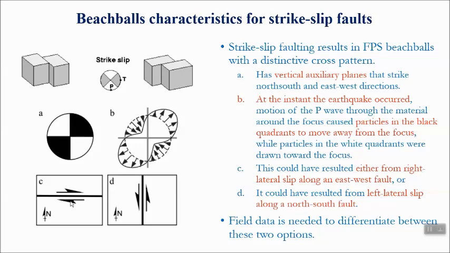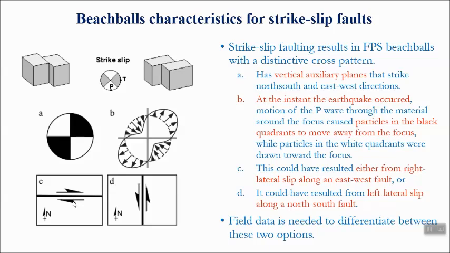Similarly, the bottom arrow will be pointing in the left-hand direction. Now if we stand in any of the blocks and look at the opposite block, suppose we are standing here, we will see that the block here has moved in the right-hand direction. Similarly, if we stand in the upper block and look at this one, we will see that this block is also moving in the right-hand direction. So we will call this a right lateral slip.